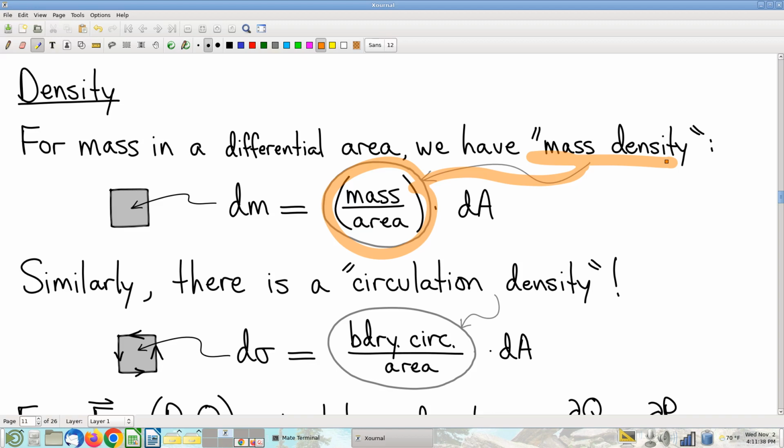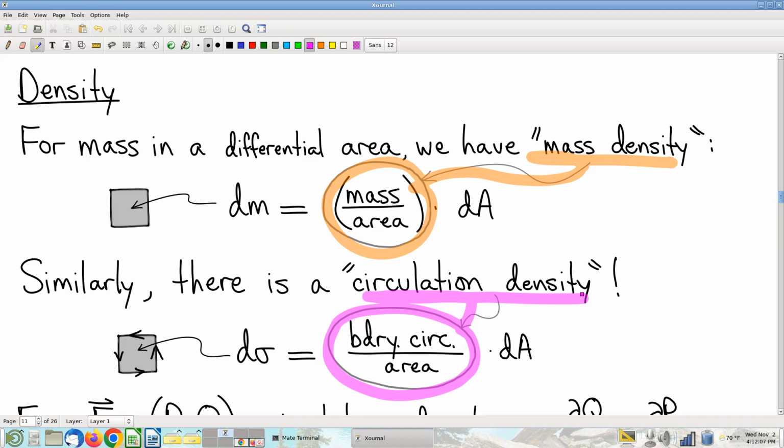So, because circulation behaves the same way, it has a location in the interior. It's very stuff-like. We can likewise talk about circulation density. In the same way that we've previously generalized mass density, mass per unit area, we've talked about population density, number of people per unit area, or other kinds of density, I suppose.